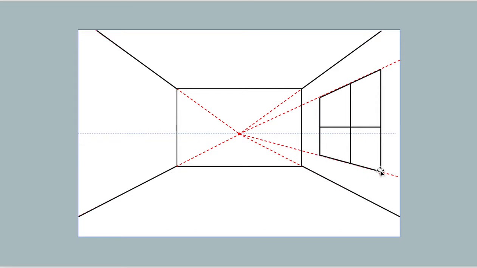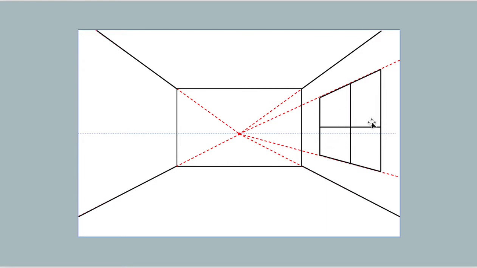All right? Because that tells us that this line and this line are parallel, and this line and this line are parallel. But the window still looks a bit funny because I haven't changed this line. It's the same distance from here to here. But when you look at something in perspective, it gets smaller as it goes further away from you. So this section must be smaller than this section.